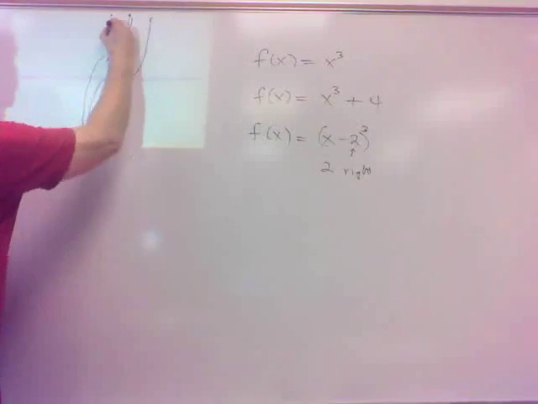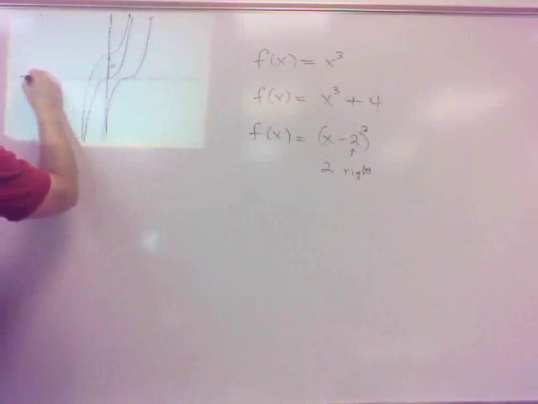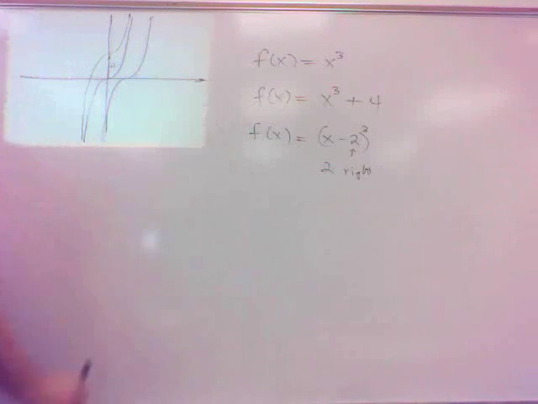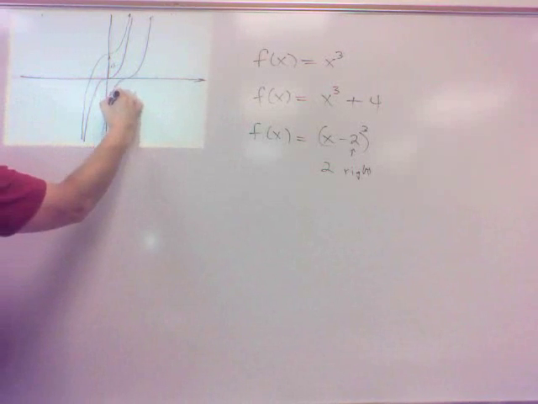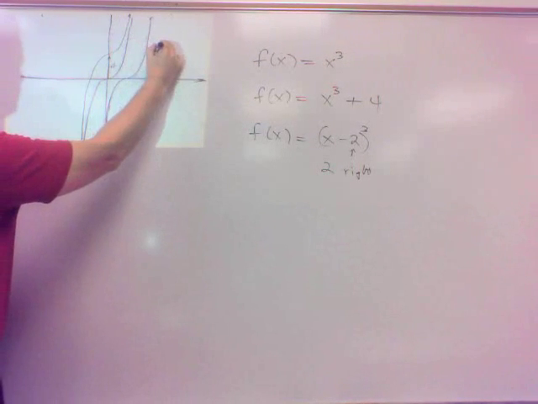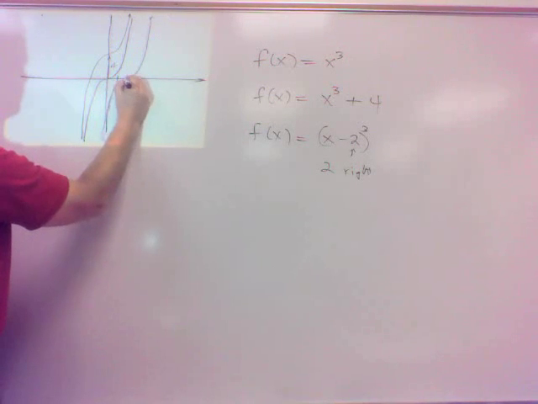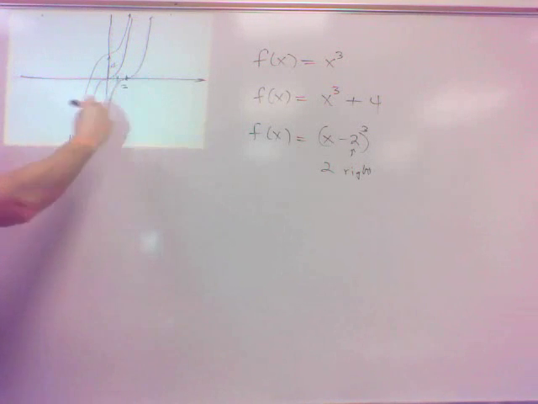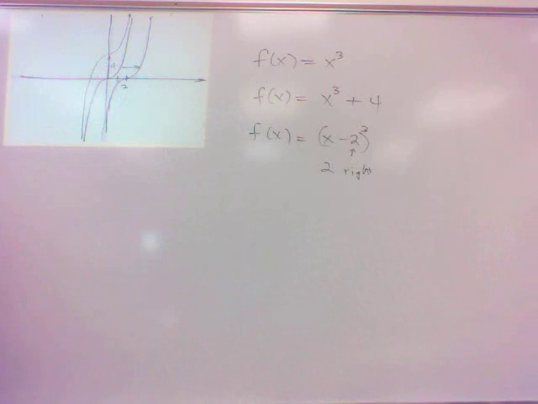You see them there? So yes, the x cubed minus 2 graph does come in here 2 units over to the right from the x cubed graph.